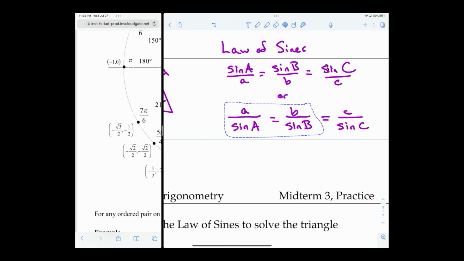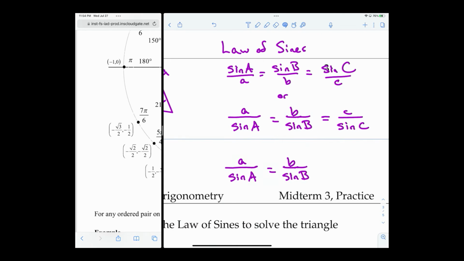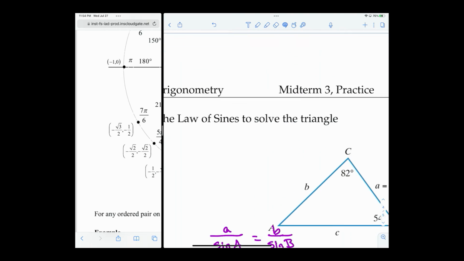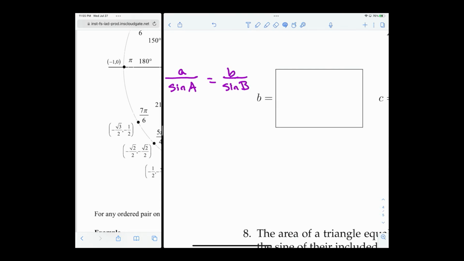So I'm only going to take the a and the b. I don't need the c right now. So I guess I'll do it right here off to the side. What I'm going to do is find b with law of sines.